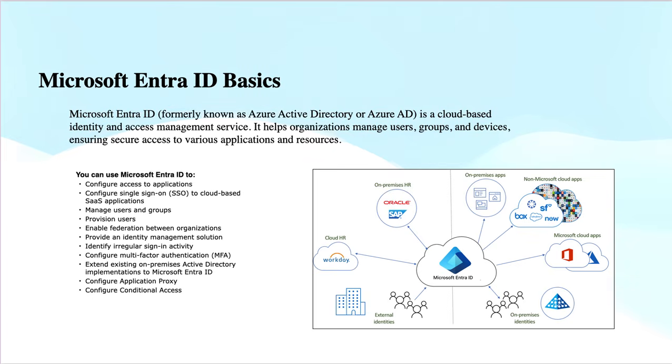Configure multi-factor authentication. We can enable multiple factors of authentication, be it through the Authenticator app or mobile phones. Extend existing on-prem Active Directory implementations to Microsoft Entra ID. We can configure the application proxy to integrate our on-premises applications, to protect them with Entra ID and have single sign-on.